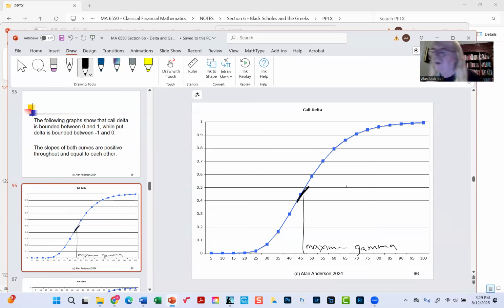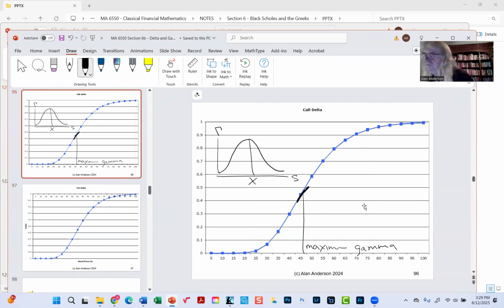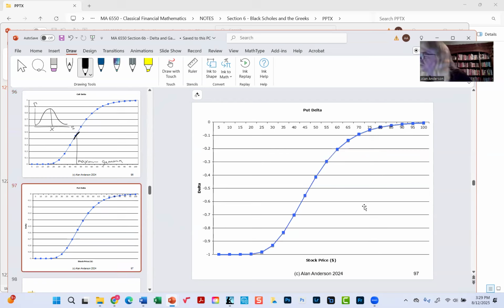And that's what accounts for the graph. As you saw last time, it looks something like this. This is the strike price. Okay. And that, of course, holds true because while the signs are different, the slopes are the same because they only differ by a constant. Remember that delta P is nothing but delta C minus 1.